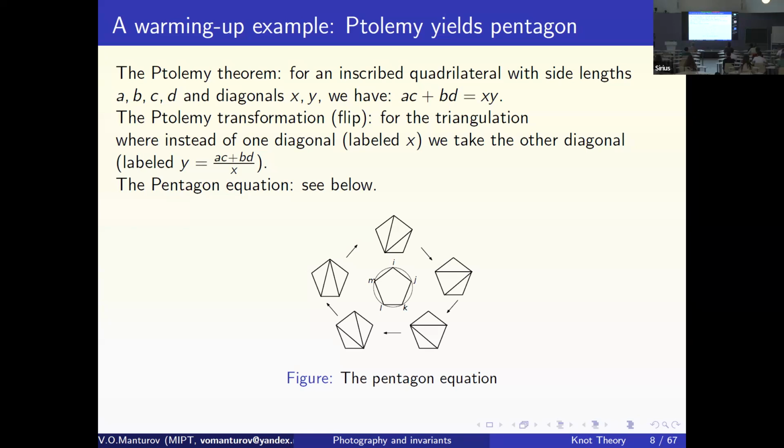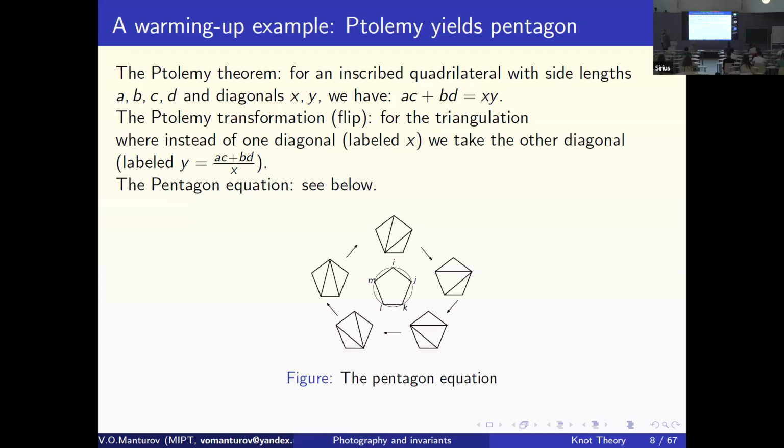And there is a very well-known fact that if we put some labels on the edges of the triangulation and two diagonals, and do this transformation 5 times, we return to the same polynomials. Of course, this can be proved by brute force. But I want to say that this can be proved without writing anything, without making any calculations.